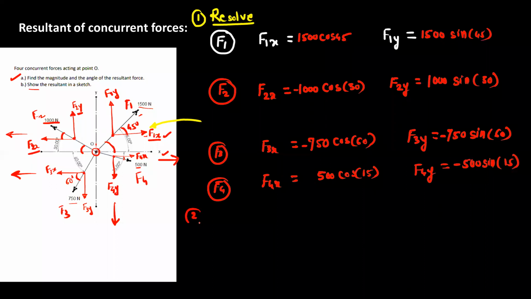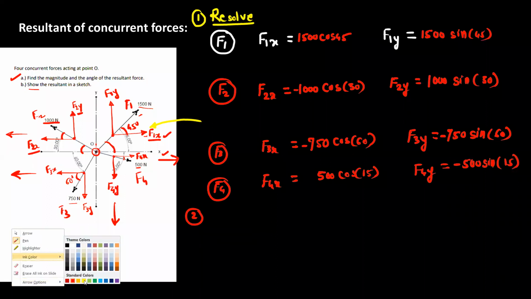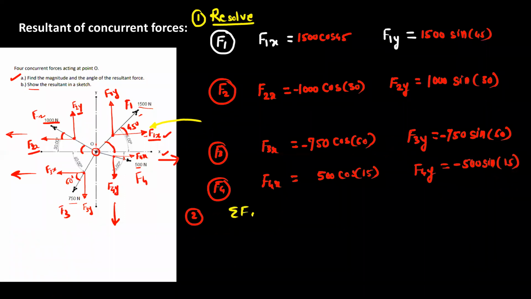Second step, we have to take the summation Fx and summation Fy. Okay. So write summation Fx. So summation Fx means it is the x component of result, that is the Rx. So add all these x components. And when you add these components, you have to consider the sign. Okay. So I will write this.